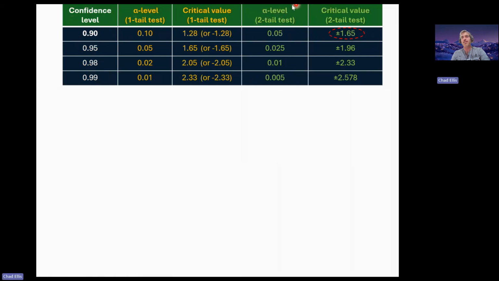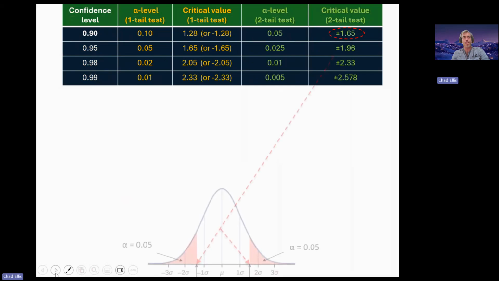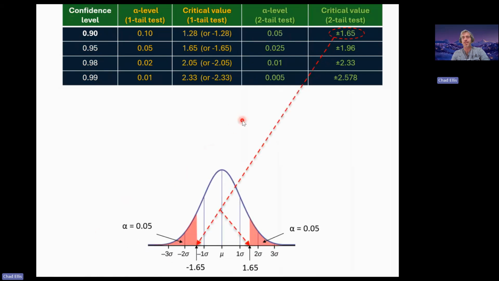And in the green here are our alpha levels and our critical values if we do instead a two-tailed or non-directional test. So imagine we're starting out with a 90% confidence level. If we're doing a two-tailed test, we know that our Z values are going to correspond to plus and minus 1.65. So there's our Z values right there.